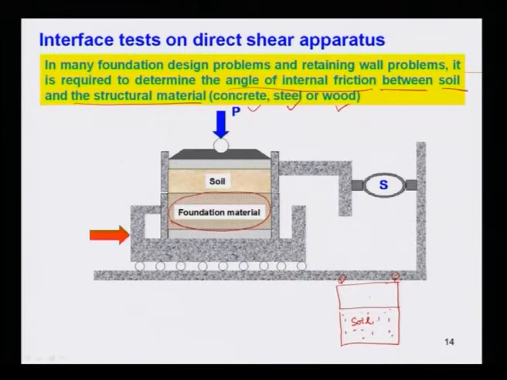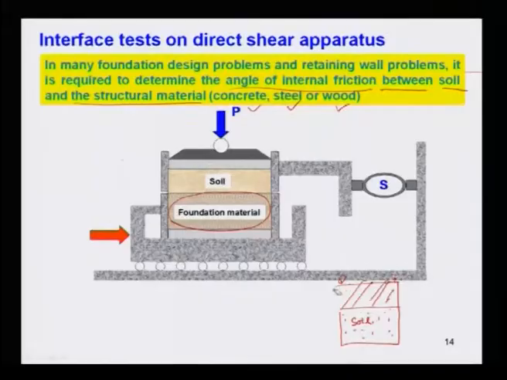Then you place your foundation material, either at the bottom or top. One half is your foundation material, the other half is your soil. After placing, you go for the direct shear test.